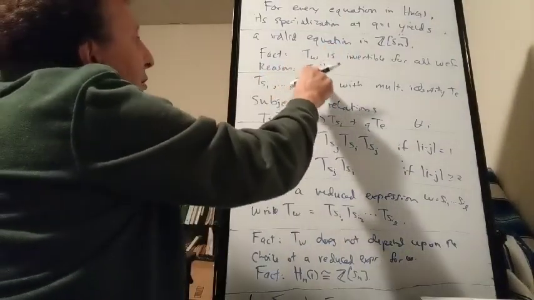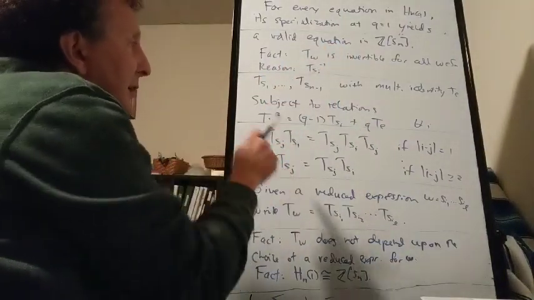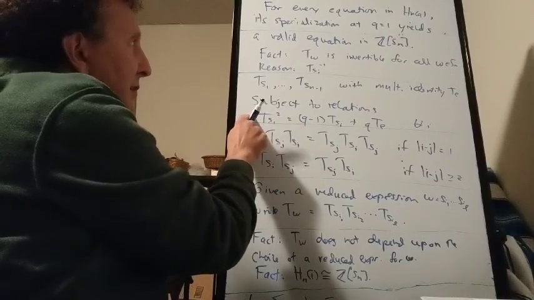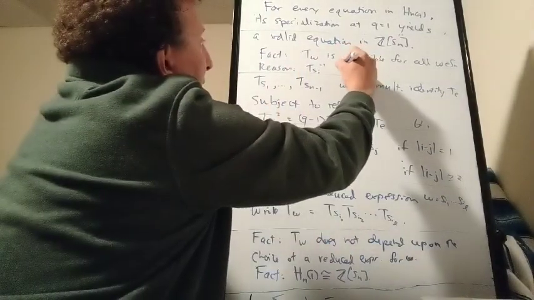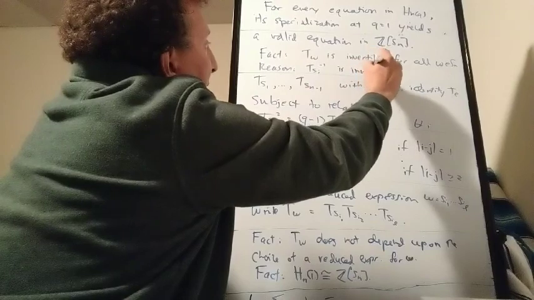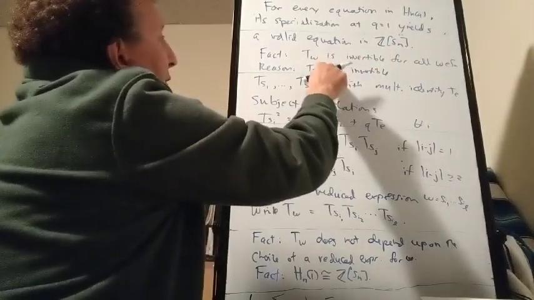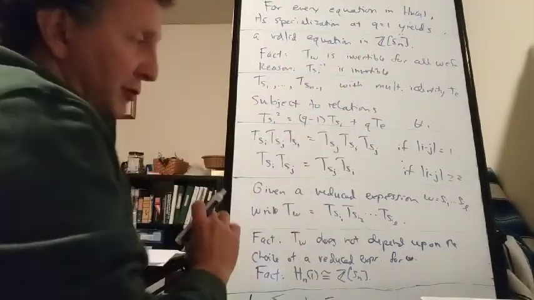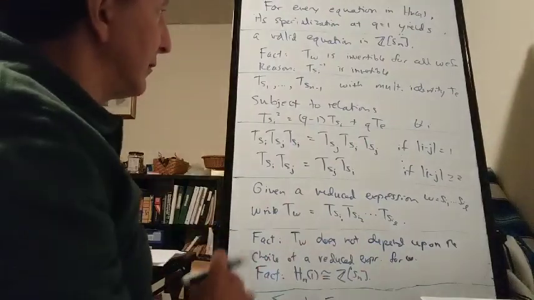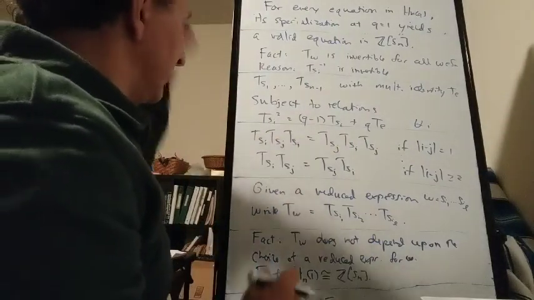So a formula for T_{s_i} inverse comes from this equation right here. And if that's invertible and T_w is a product of them, then we'll just write the inverses in reverse order and we'll find an inverse for T_w.